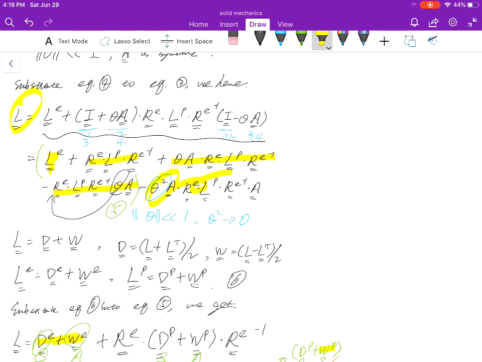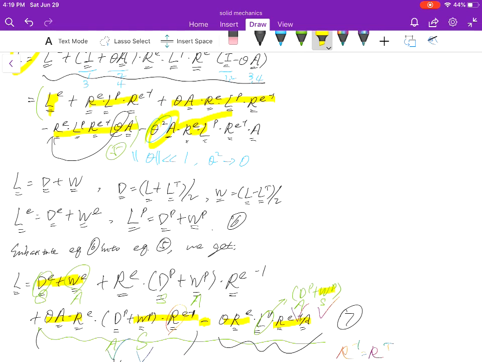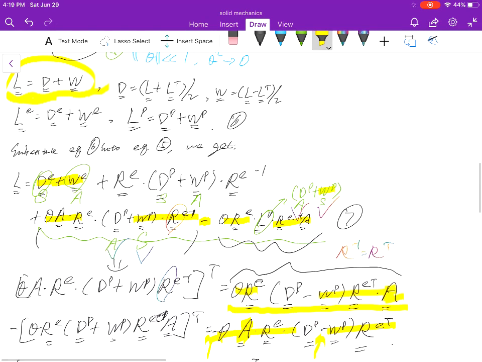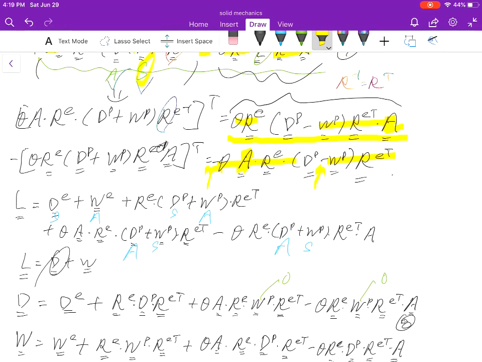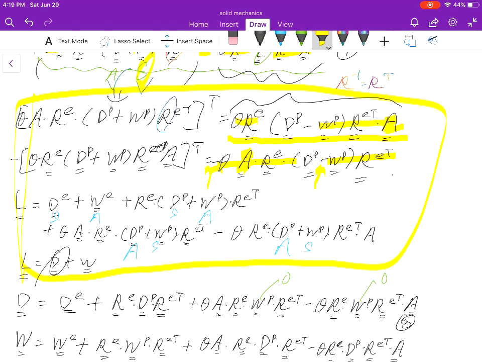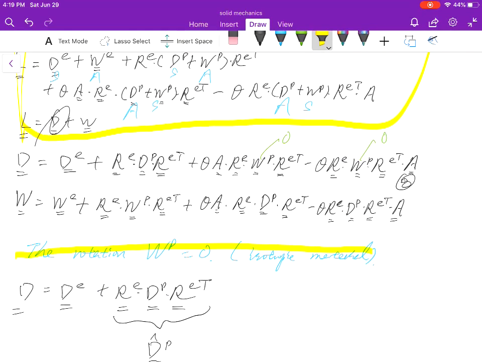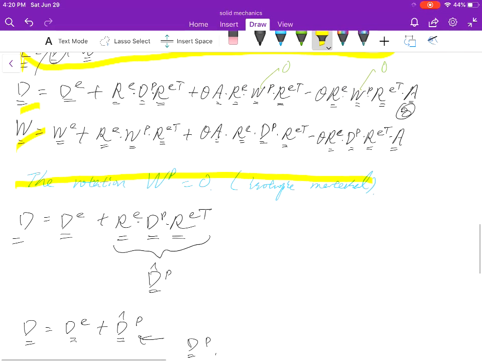Because this equation is equal to L, by the symmetric and antisymmetric decomposition, we can figure out which part is symmetric and which part is antisymmetric. With this, we can write out the symmetric part and antisymmetric part.